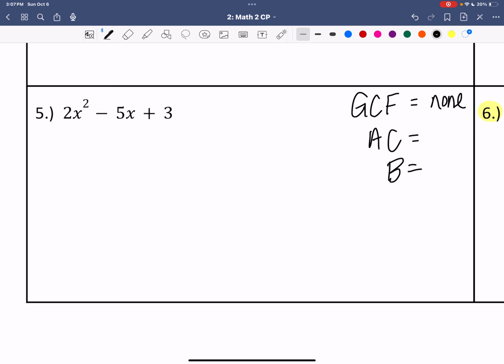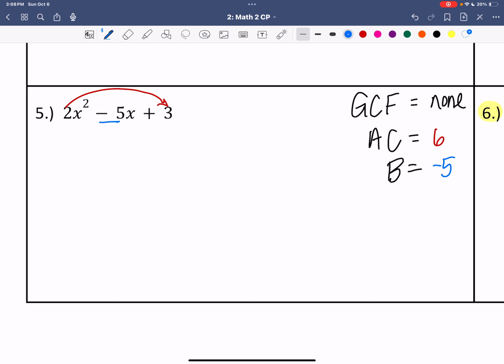All right, so then let's go ahead and multiply. We've got A is 6, and then B is -5. So now let's figure out what factors we need to use.